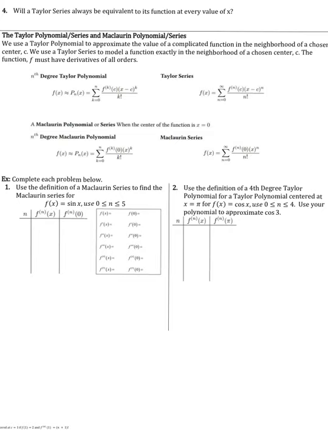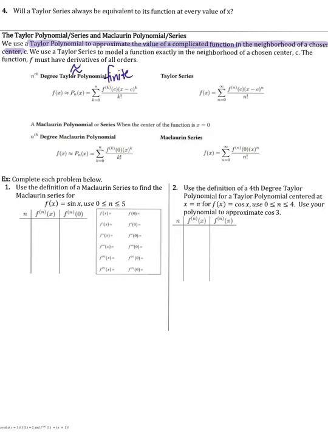We can use a Taylor polynomial to approximate the value of a complicated function in the neighborhood of a chosen center C. A Taylor polynomial is finite, right? Polynomials are not infinite. We can use a finite polynomial to approximate the value of a more complicated number, again, in a specific neighborhood.